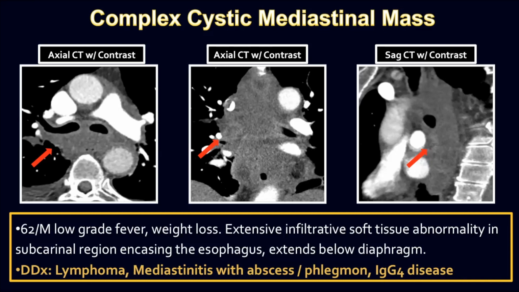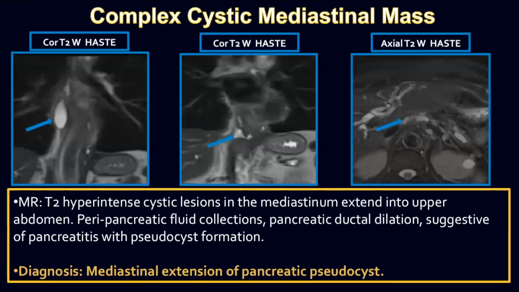So in this case, we did MR and not PET-CT, and we saw the patient had multiple cystic lesions within this infiltrative soft tissue abnormality, which was not appreciated on CT, and these were seen extending into the abdomen, and the patient also had some peripancreatic fluid collections and pancreatic ductal dilatation.